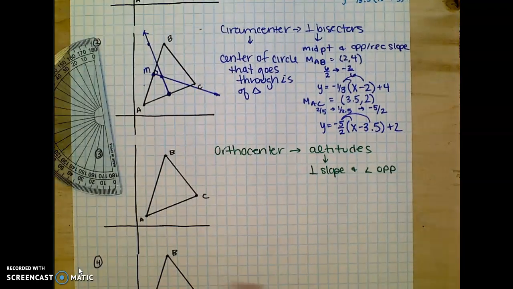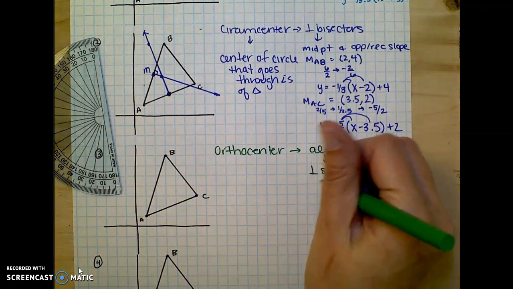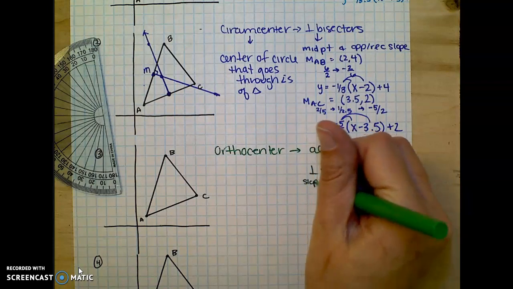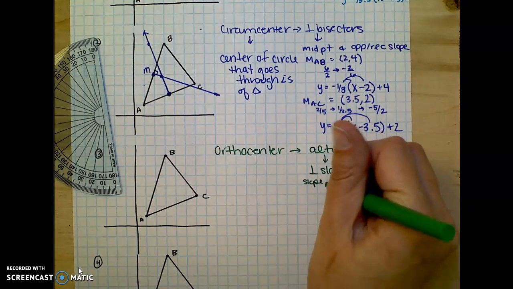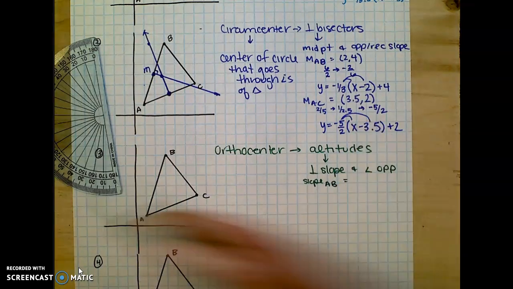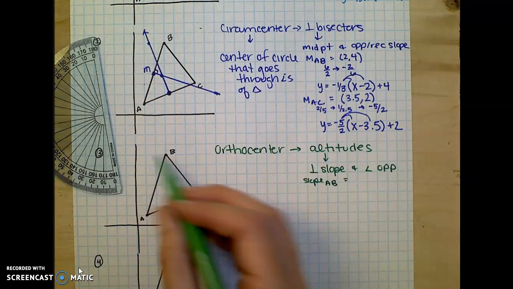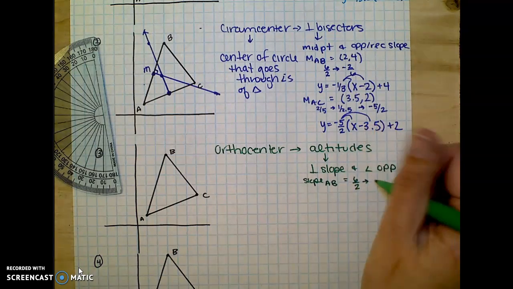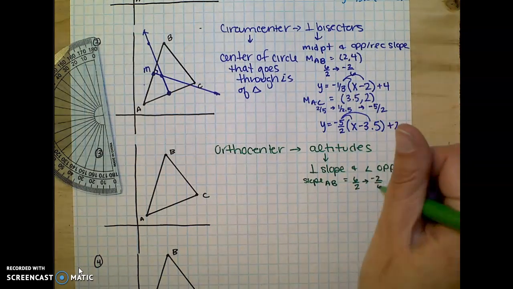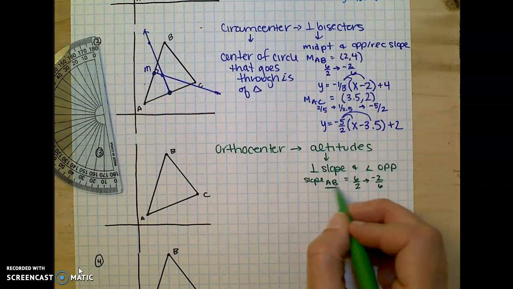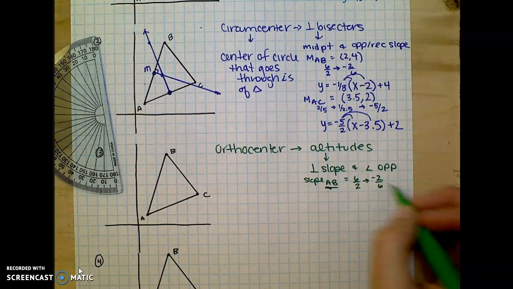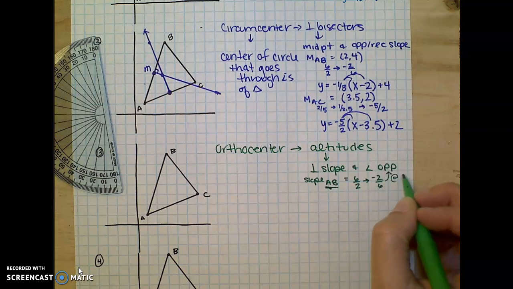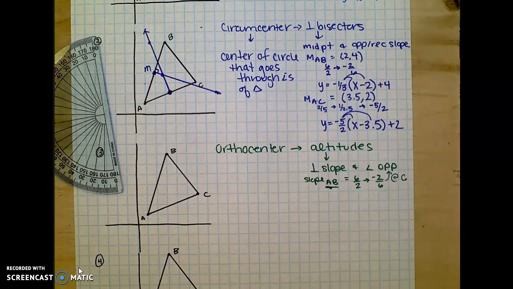Okay? So if I find the slope, let's do slope of AB. That slope we've counted a bunch of times. It's up 6 over 2. But I need it to be perpendicular, so negative 2 over 6. Now because I'm on line AB, I'm going to do this slope to the angle opposite, which is at C. So the letter not included.